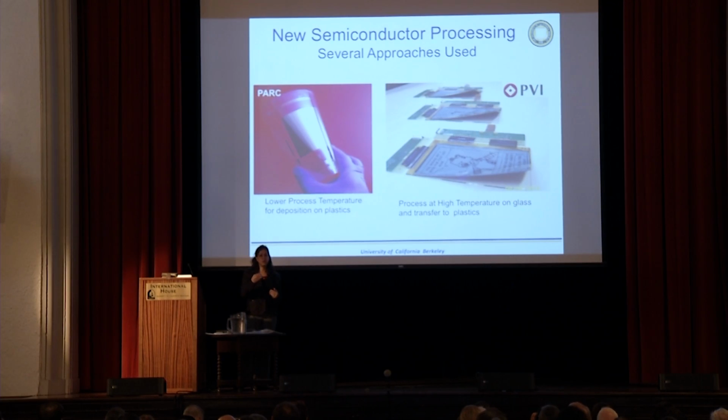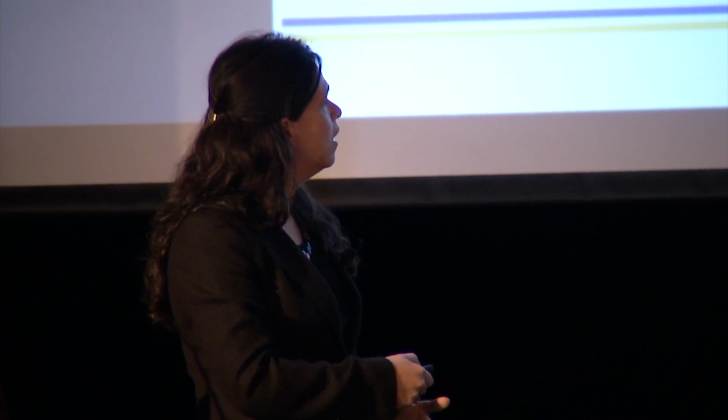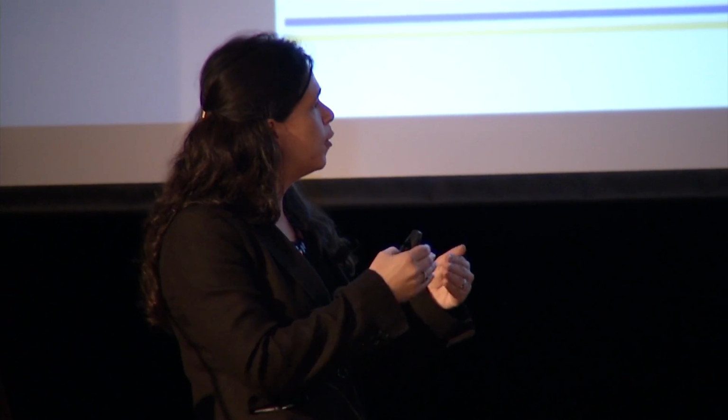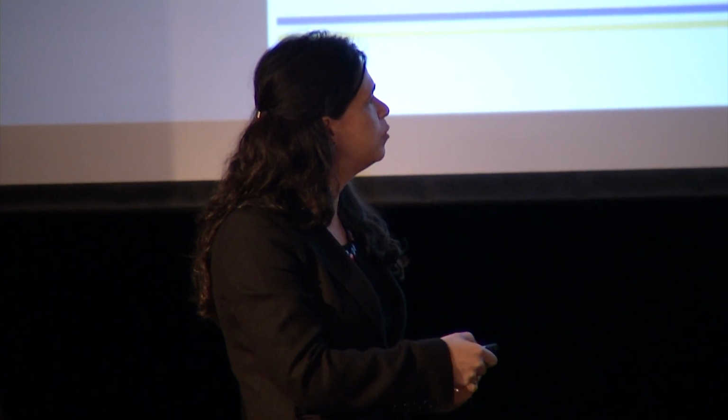And then after the fact, you just transfer the entire device into a flexible substrate. This requires a little sacrificial layer, but by using laser, you can pick up the entire backplane for the display, or the circuits that you had in the glass substrate, and now transfer to a flexible substrate.